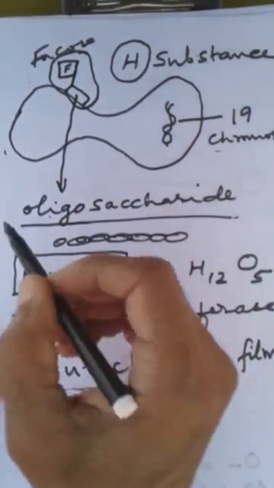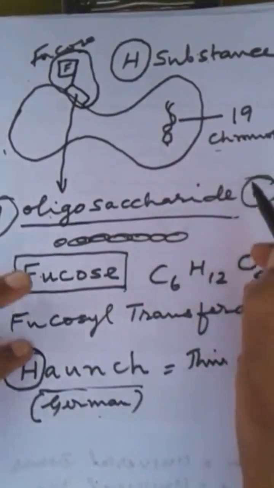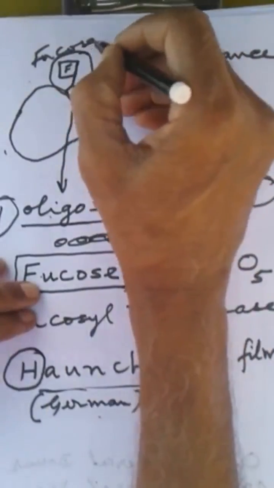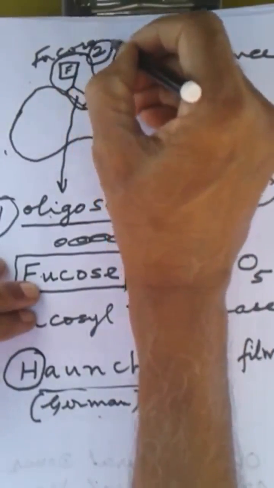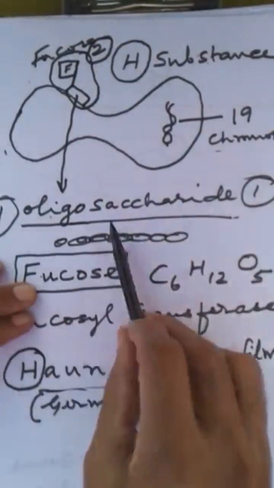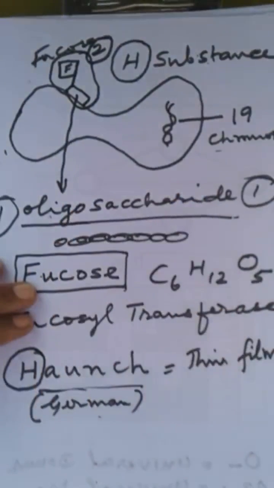This is number 1, oligosaccharide, and this fucose is number 2, and oligosaccharide plus fucose is equal to H substance.